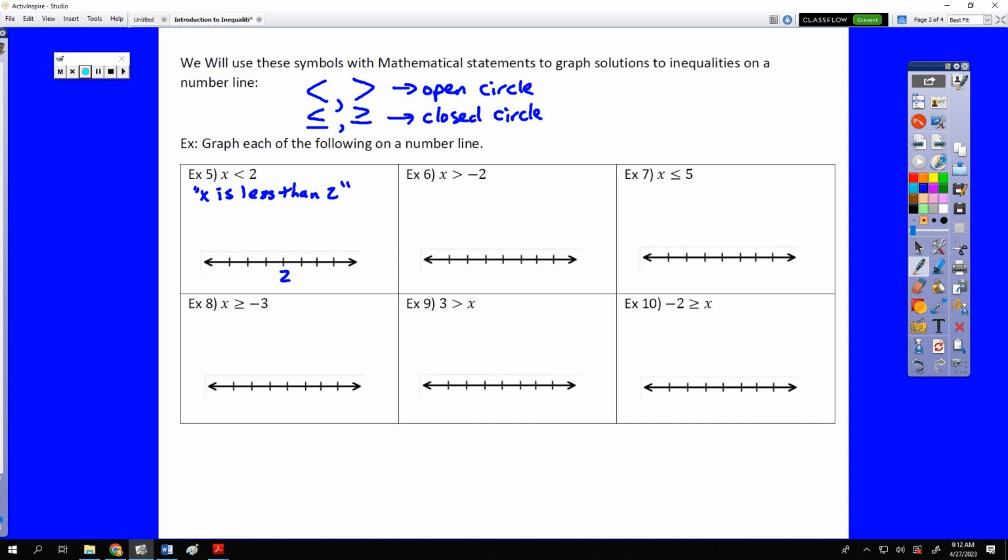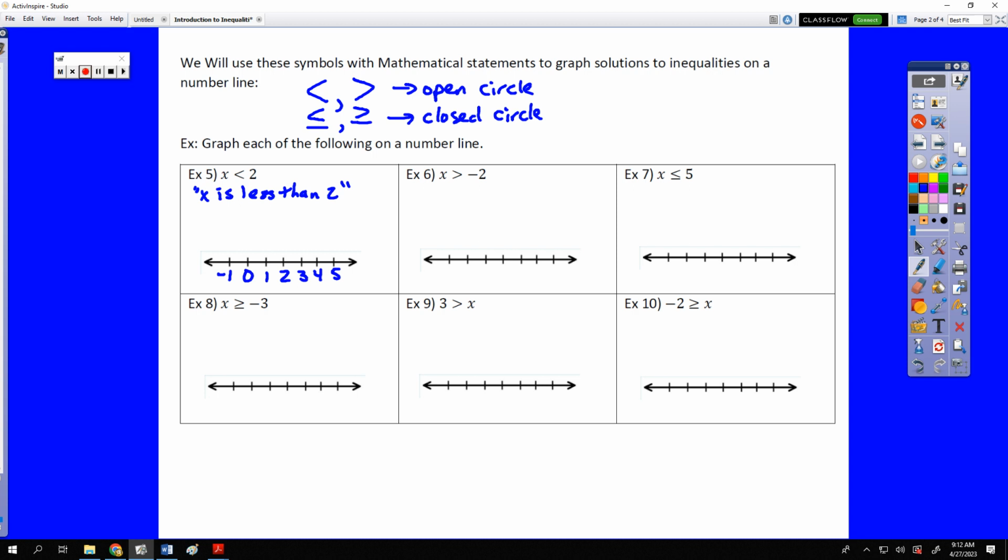What are some numbers that are bigger than 2? 3, 4, 5. What are some numbers that are smaller than 2? 1, 0, -1. So that we label our number line.